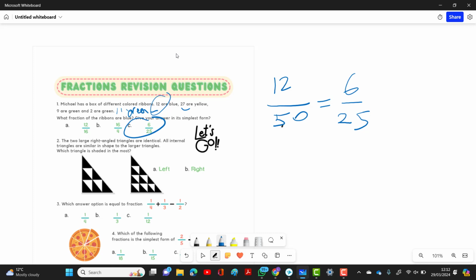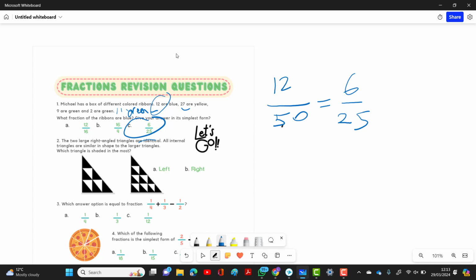Okay, next question. Two large right angle triangles are identical, so these two are identical. All internal triangles are similar in shape to the larger triangles. Which triangle is shaded in the most? So how many triangles are there in this one?